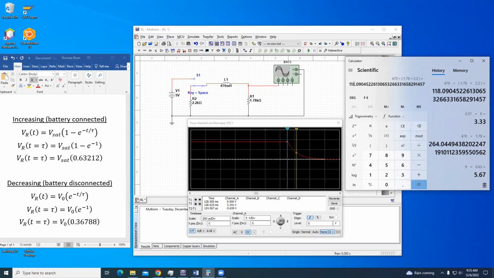And the theory says 118 microseconds, and what I'm getting simulationally is 124 microseconds. So a pretty good agreement there.